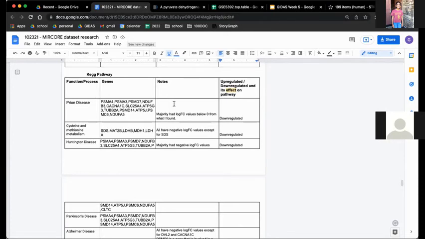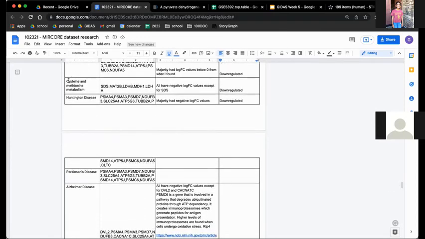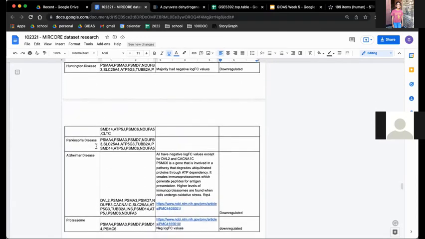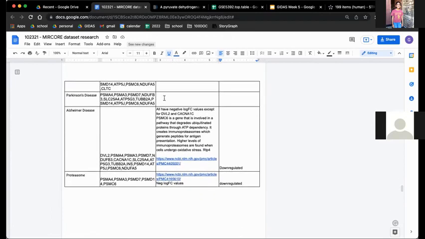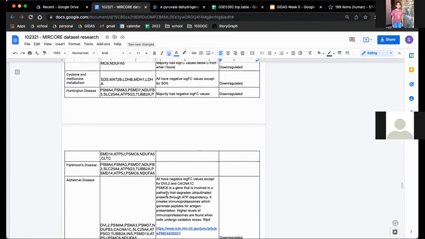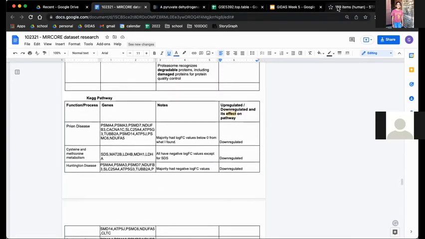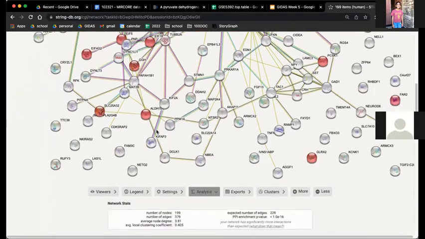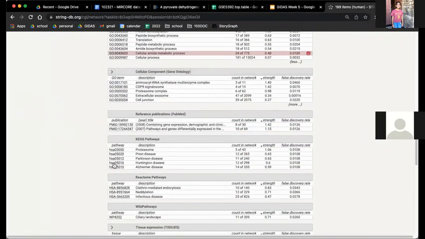So that means these genes had a correlation, and maybe these two diseases also have a correlation. That's the same with Huntington's disease and Parkinson's disease; all of these genes were downregulated. So that's why these have a connection to the genes here, as seen here.